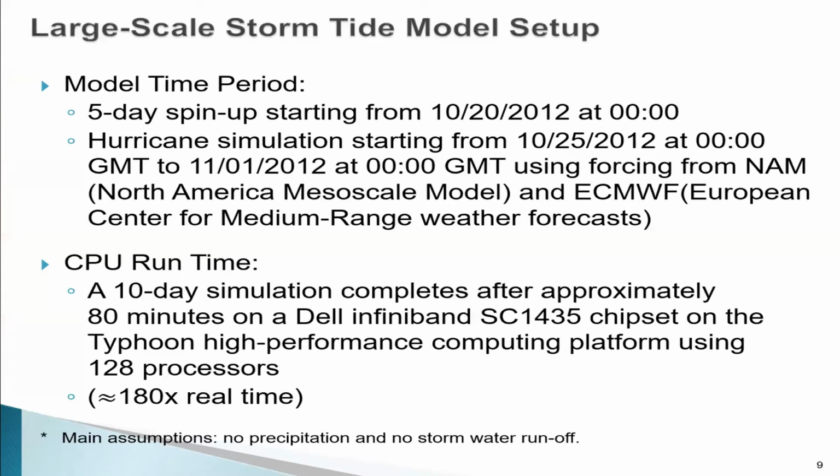So to simulate this storm tide, we need to set up SCHISM for use. I will highlight that we did the 5-day spin up and then 5-day forecast. And the runtime for this 10-day simulation is 80 minutes on HPC resources.